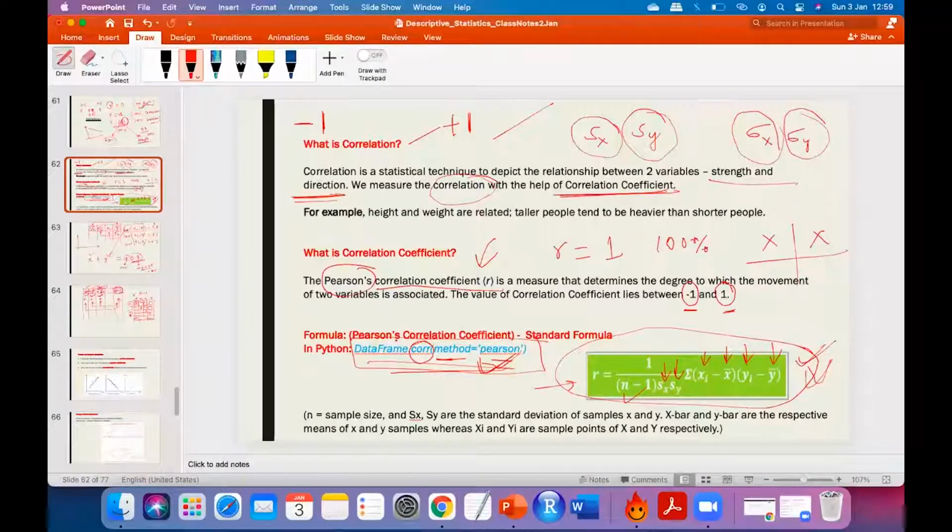But there is a proper descent: right from variance, after covariance, and then correlation, and then regression. Now you know your concept is properly clear. Yes or no, guys?